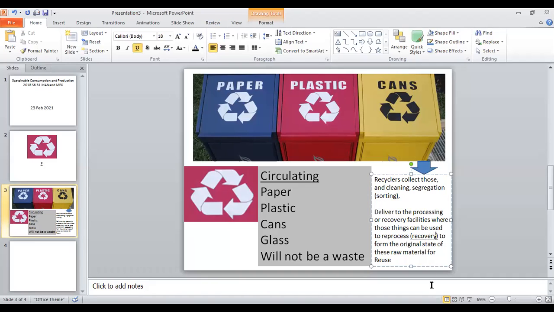Okay, recovery and reuse. So recovery here, reuse is, yes, reuse.